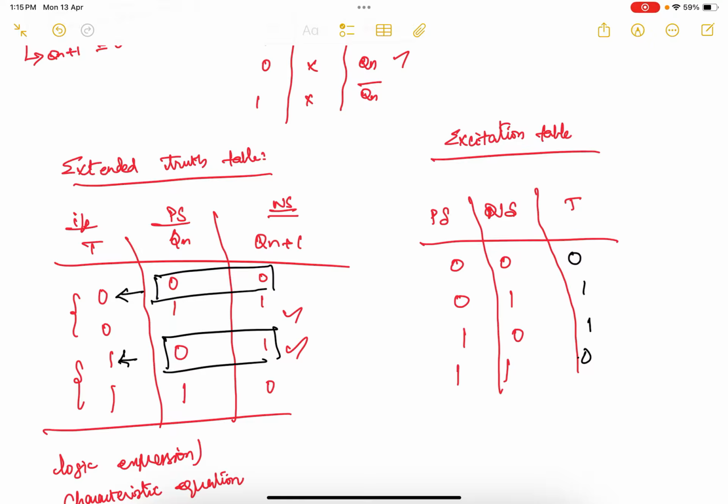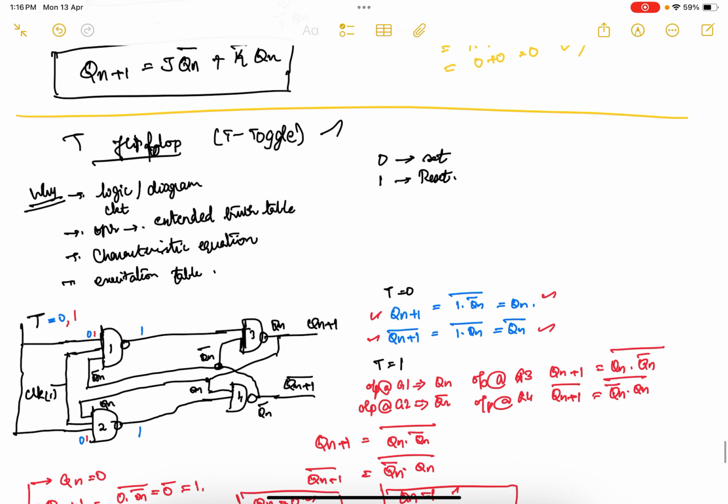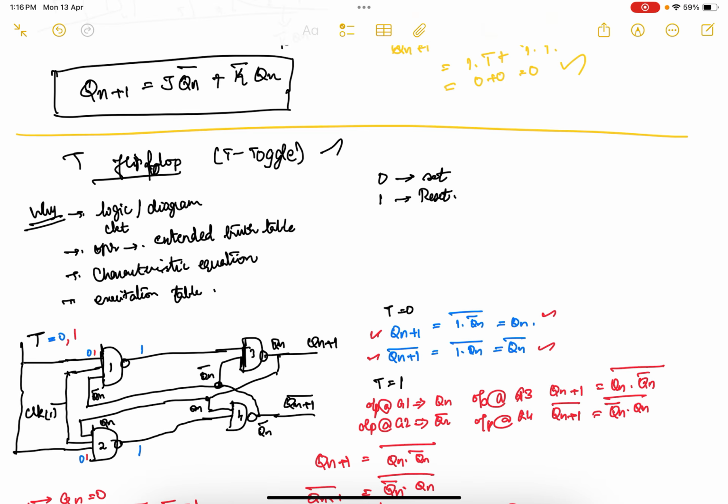So this is my characteristic equation, where you will get 0 1 1 0. That is your excitation table, with respect to our T flip-flop. So we will once again refresh what we have started with our T flip-flop.